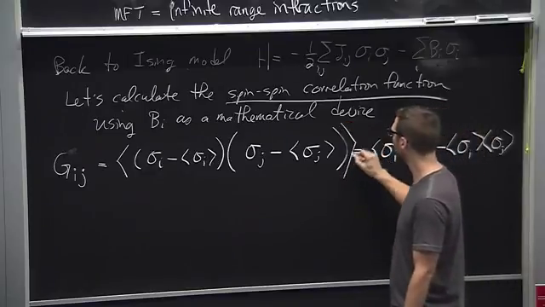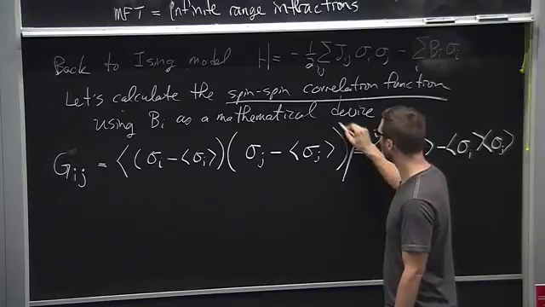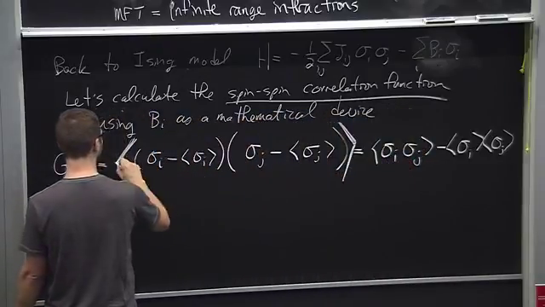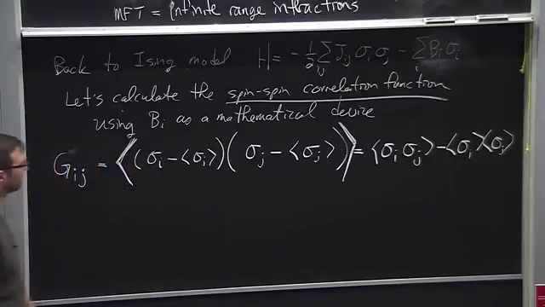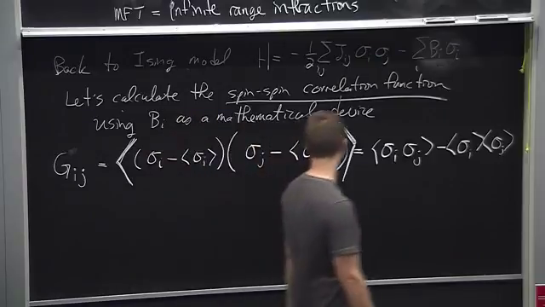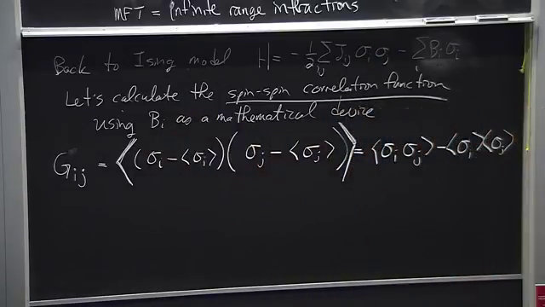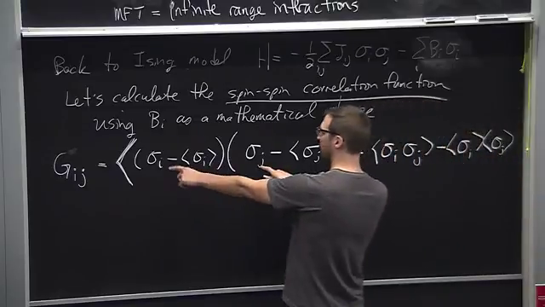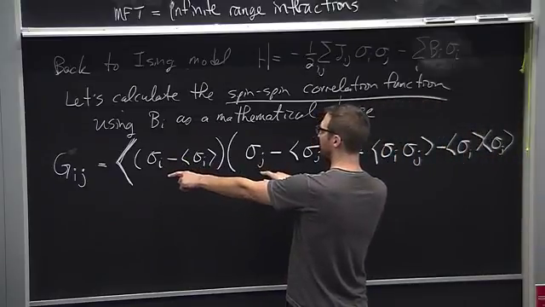Right, so these mean thermodynamic average, or trace, 1 over Z, sum of all states. The expectation value, I guess, is what you call it. So if you just multiply this out, you have sigma I, sigma J, right?